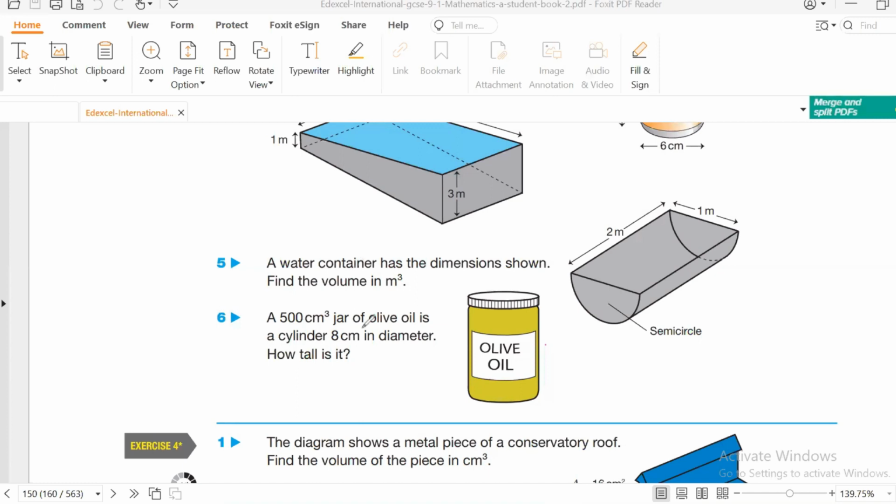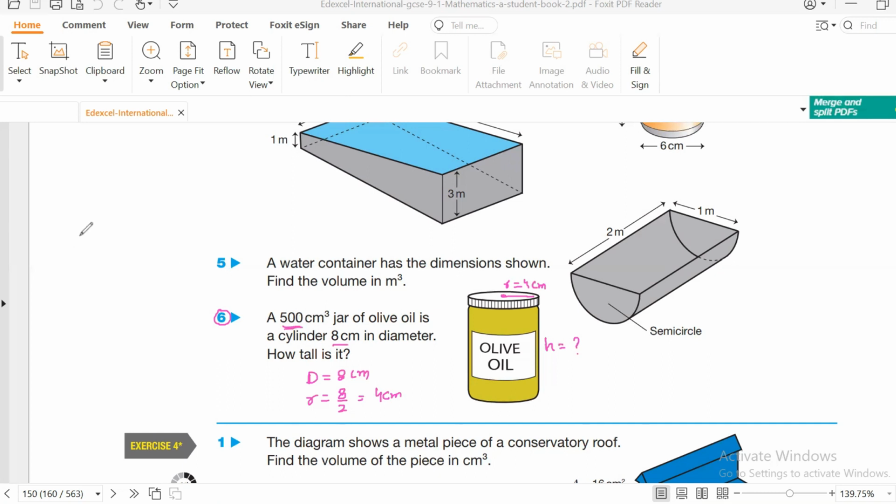Next, we will solve question number 6. A 500 centimeter cube jar of olive oil is a cylinder 8 centimeter in diameter. So if our diameter is 8 centimeter, then the radius is half of the diameter, 8 divided by 2, that means 4 centimeter. The height we don't know, but volume is given also.